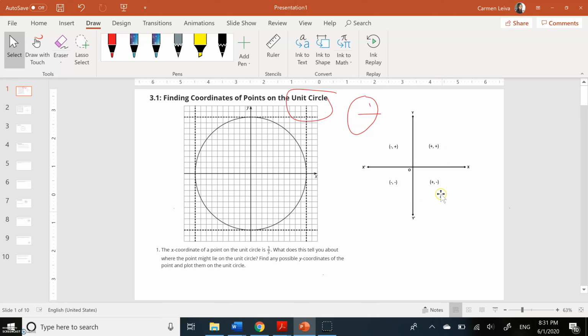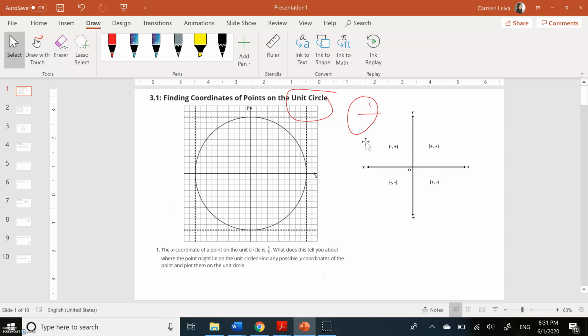These are quadrant 1 and quadrant 4. Remember that the way we look at the quadrants is counterclockwise, so we're going in this direction instead of the other one.